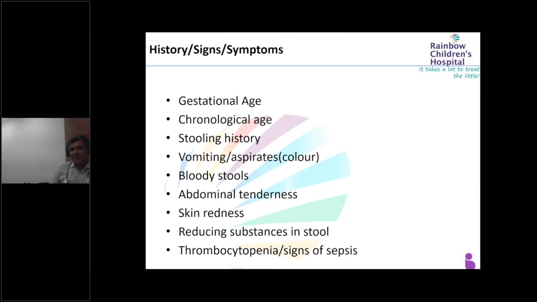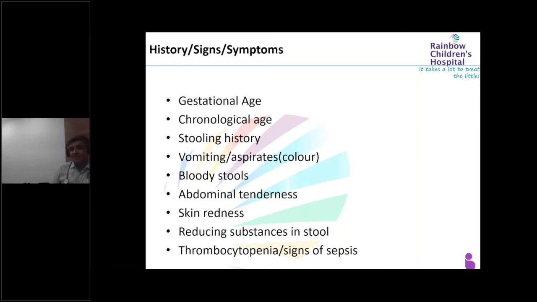So whenever we are dealing with a case of obstruction, these are the common things which we need to ask in all the patients. The gestational age, because NEC is more common in preterm babies; the chronological age, because NEC presents later on in extremely preterm babies, and atresias and Hirschsprung's usually present after the first few days of life. Presence of blood in the stools, the color of the stools, then presence of vomiting.